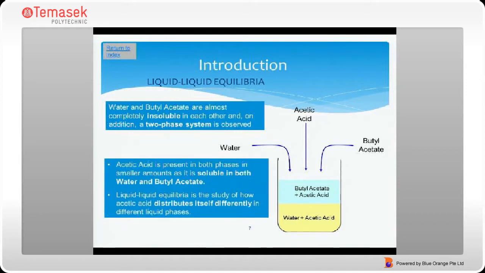In this system, acetic acid is soluble in both liquid phases and is called the solute. In this practical, we aim to study how acetic acid distributes itself differently in the different liquid phases.